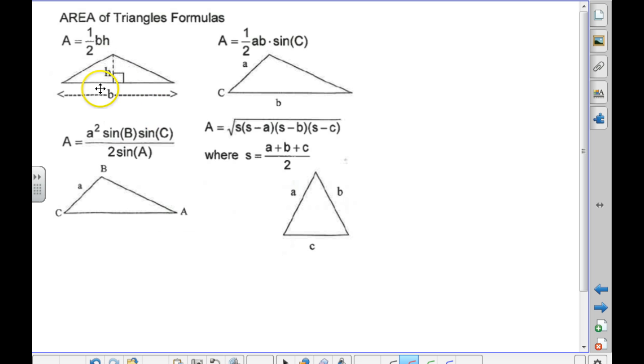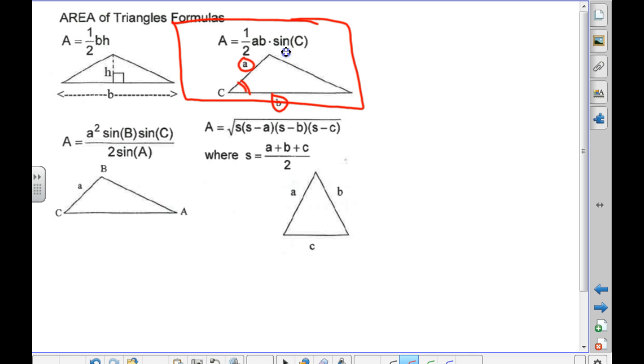Area of a triangle, 1/2 base times height. That's from geometry, right? When you know two sides and an included angle, you can find the area by 1/2 AB sine of C. And that's the one that I will give you on the formula sheet eventually. I will also give you this, which is given all three sides, okay?